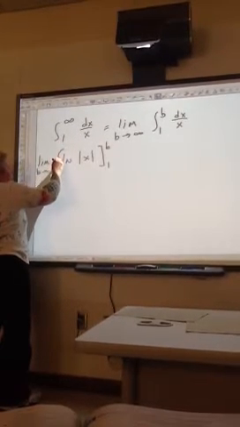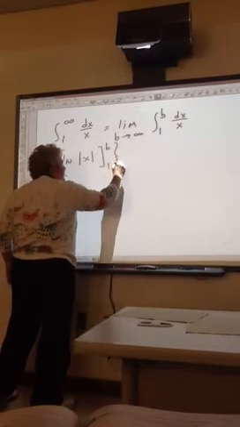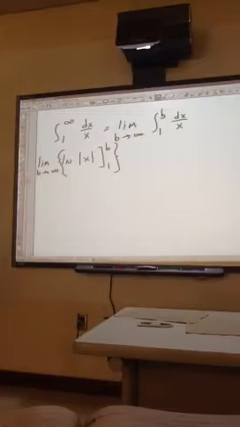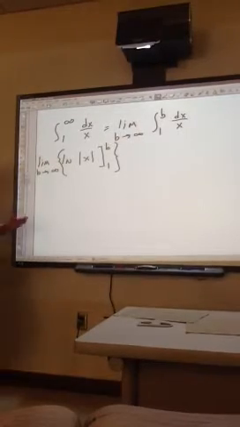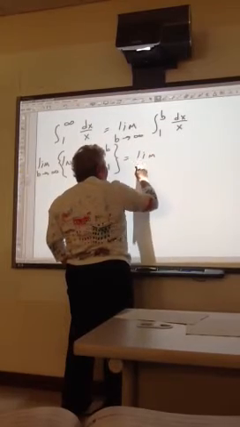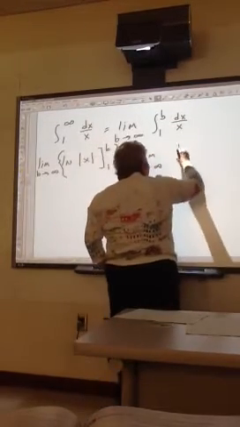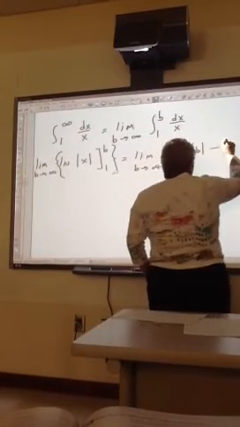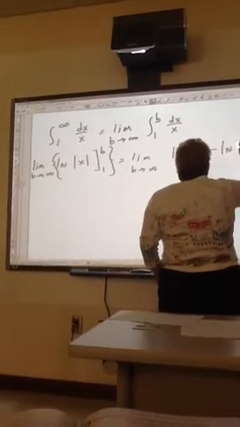Here, I'll try to make a nice little bracket. So in the fundamental theorem, maybe you remember you plug the top number in, and you put a minus sign, and you plug the bottom number in.